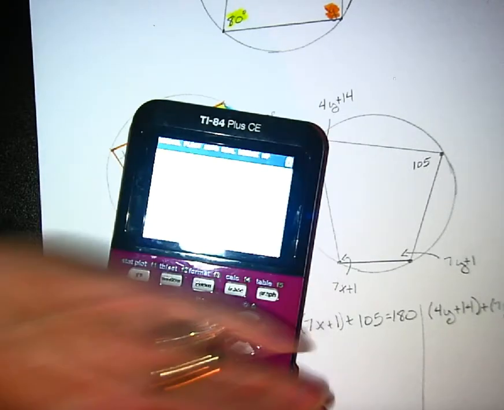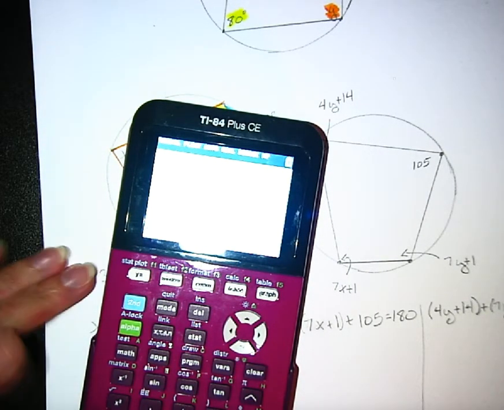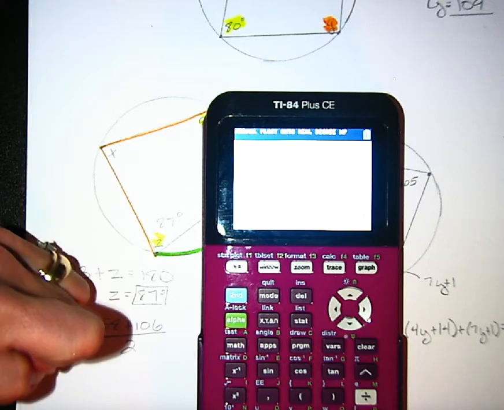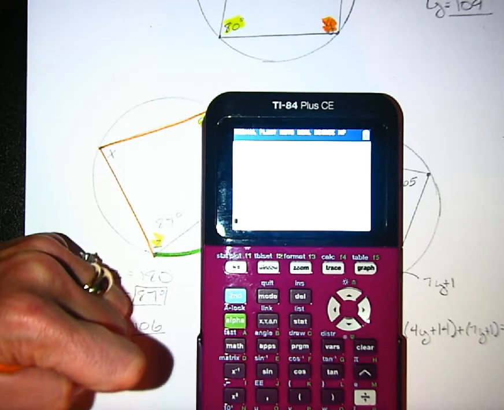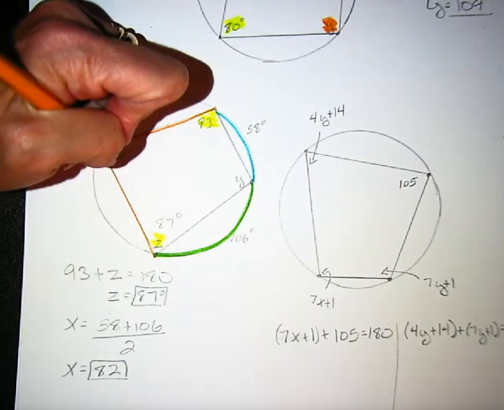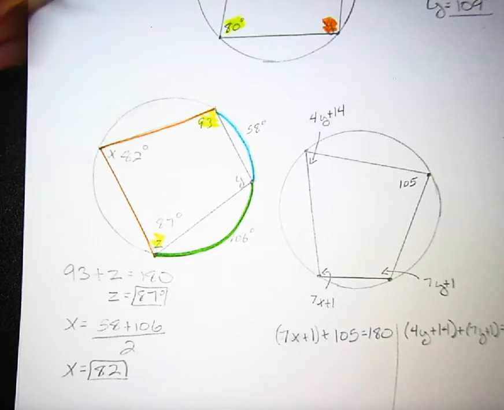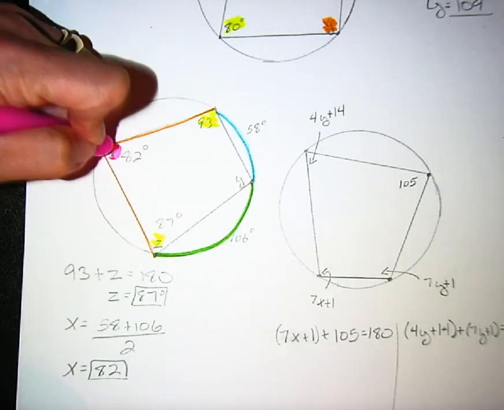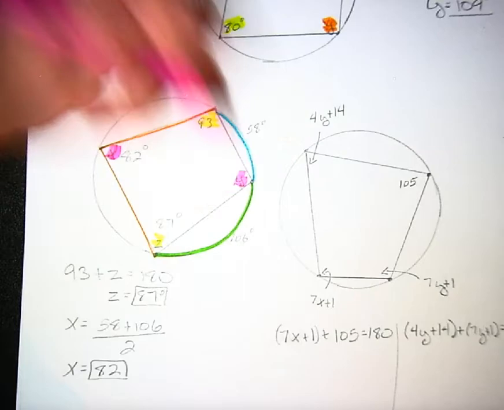I'm going to take my calculator: 58 plus 106 equals 164, but I need to divide that by 2, so I get 82. So x equals 82. Okay, so that's the second piece of my puzzle, 82 degrees.